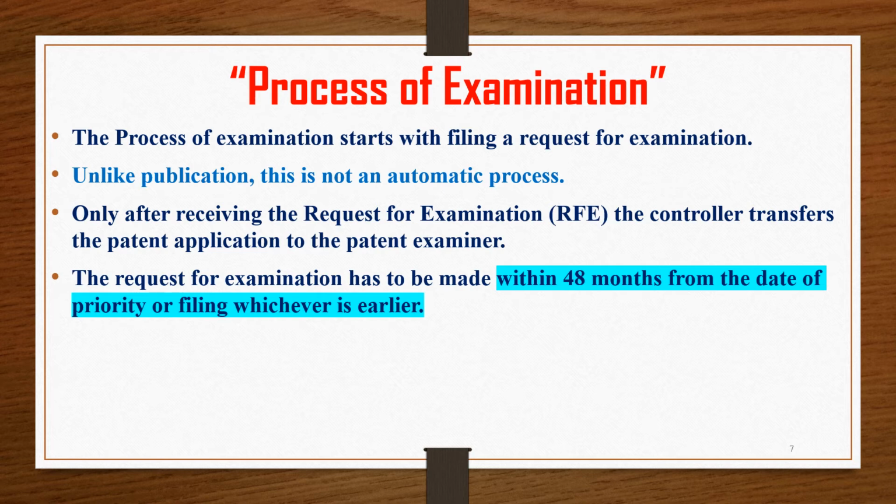Only after receiving the request for examination, or RFE, the controller transfers the patent application to the patent examiner. The request for examination has to be made within 48 months from the date of priority or filing, whichever is earlier. Just remember this.